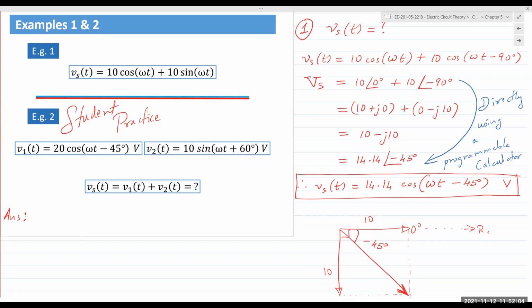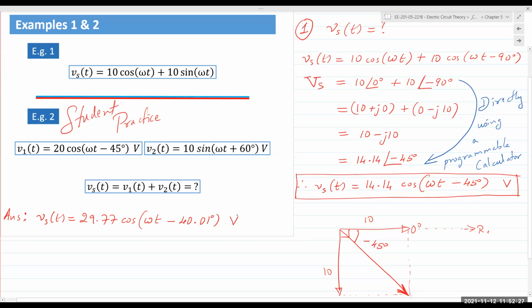The answer for example 2 is 29.77 cos of omega t minus 40.01.